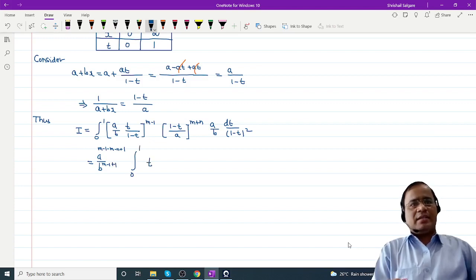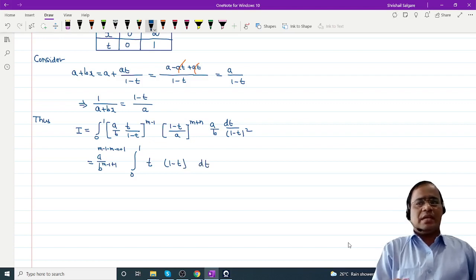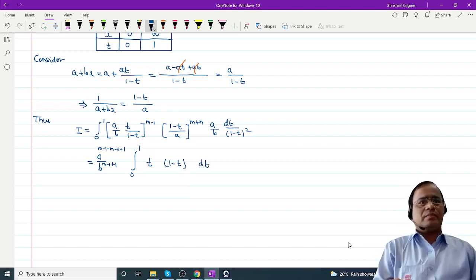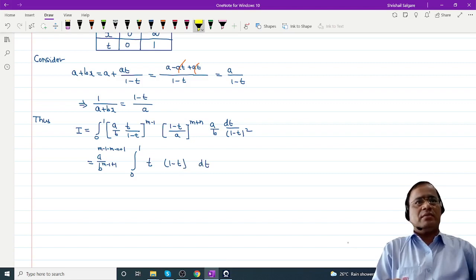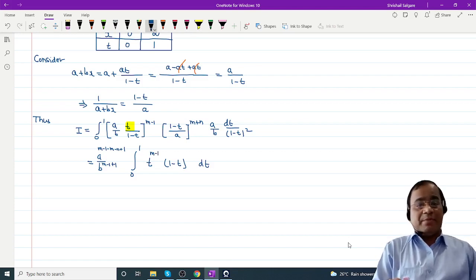Again collect the t and 1 minus t terms. So how many terms are there containing t? I think only one. Now this one, what is its power? Its power is m minus 1. Now next you have to collect the effective power of 1 minus t.